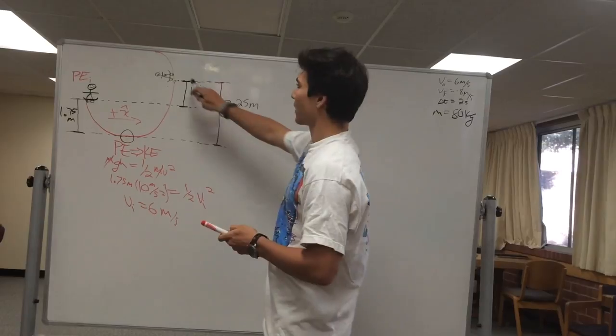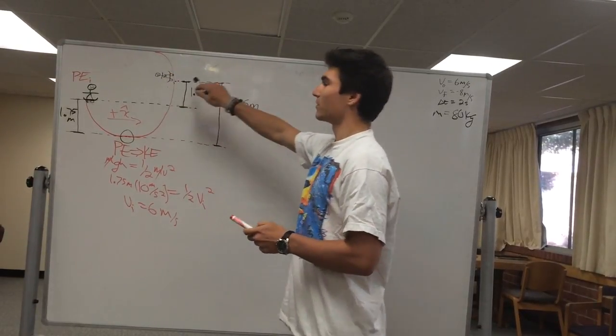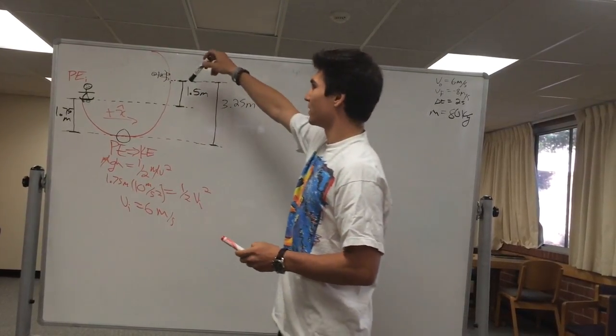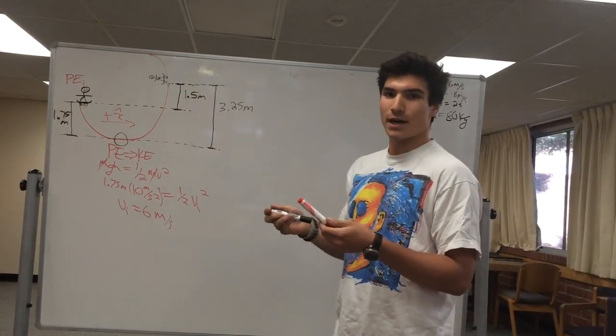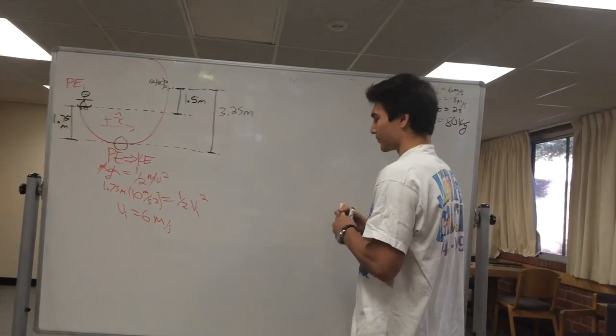So we can calculate my potential energy at this point and see that my velocity back at the same point, my V final, is going to be greater.